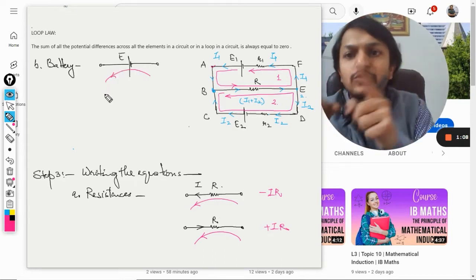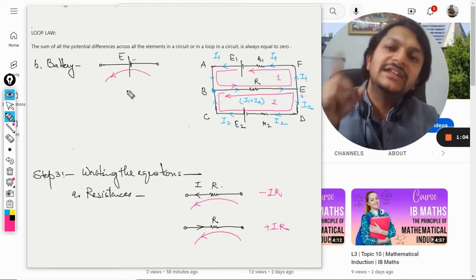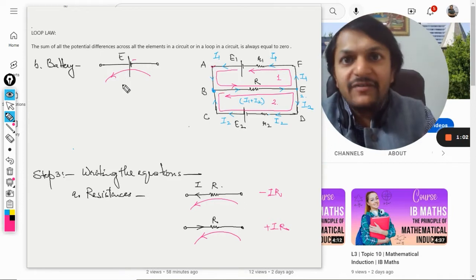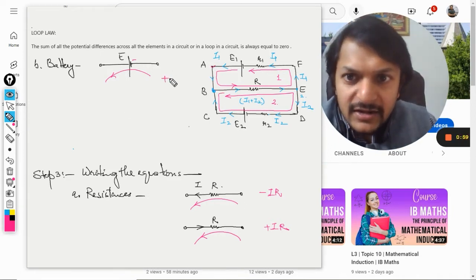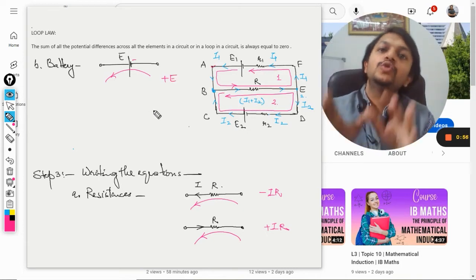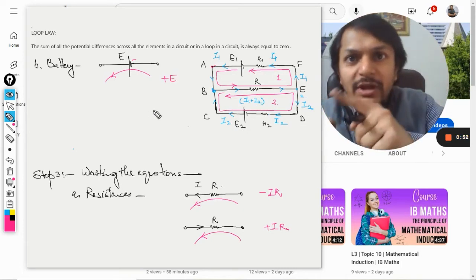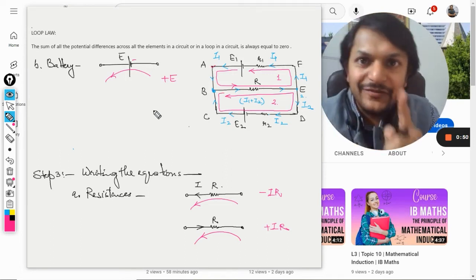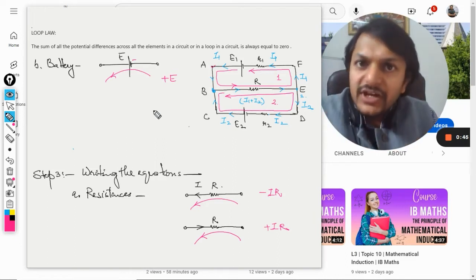If the loop is moving the way I have shown, first of all, it is going to encounter the negative side of the battery. Whenever it is encountering the negative side of the battery, we add the EMF into our equation. I repeat, when the loop is going to encounter the negative side of the battery first, we add the EMF into our equation.